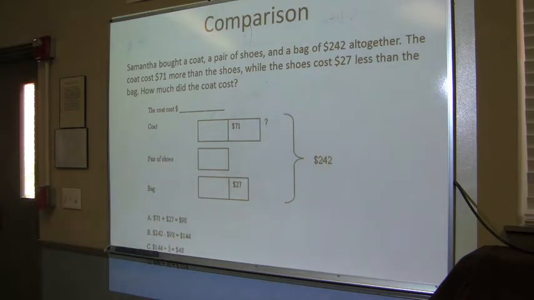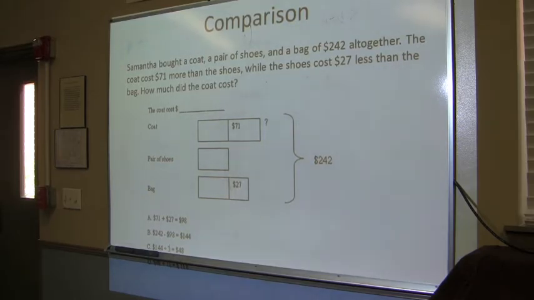I would suggest that to your students, because it makes it easier when you get down to the end. You say 3 units equals. Yes, it's easier at the end.